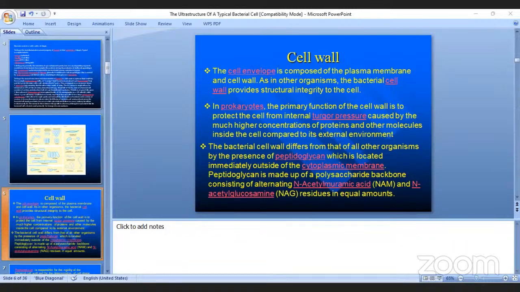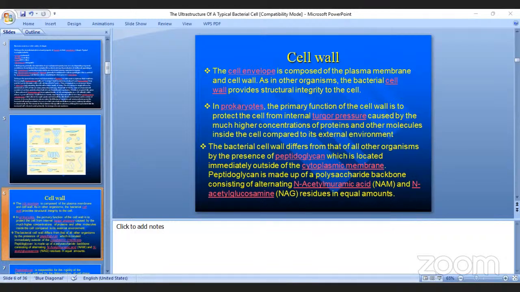But first we discuss the cell wall. The cell envelope is composed of the plasma membrane and the cell wall. Apart from these, another layer, the slime layer, is also present in some bacteria.